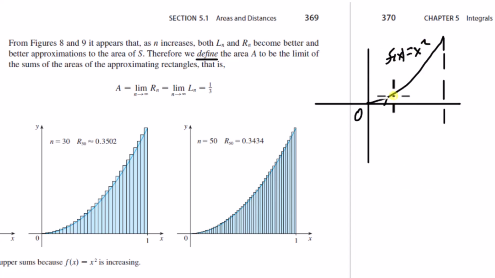So we are defining that the exact area under this curve, by definition, is equal to 1/3 based on the fact that the limit as n approaches infinity of R sub n is equal to the limit as n approaches infinity of L sub n. They've sandwiched the ultimate area of this region to be 1/3.